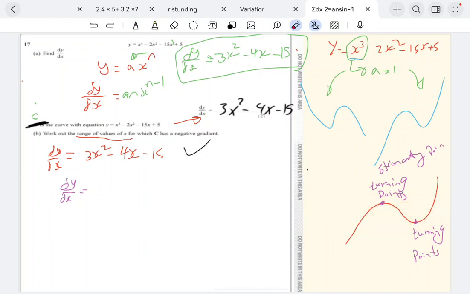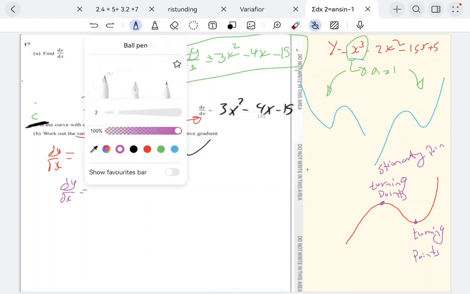What is the gradient of a horizontal line? 0. So now the dy over dx of turning points is always equal to 0. So I'm going to get the turning points, and then the points in between will be the points that have negative gradient.